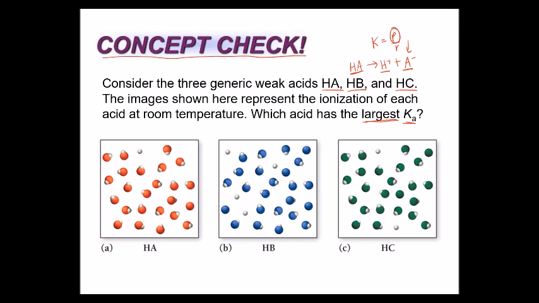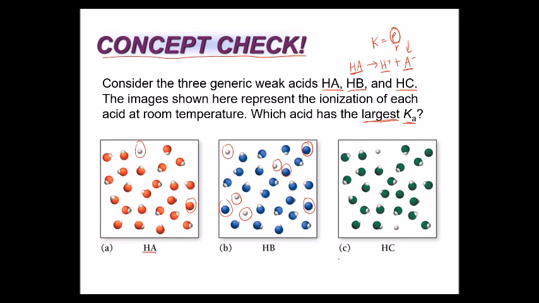Hopefully you paused for just a second to look at your diagrams. If you look here at diagram HA, it shows pretty much only one of the acid molecules has actually broken apart. Looking at this one, we see many of them have broken apart, as you can see in our lovely diagram here.